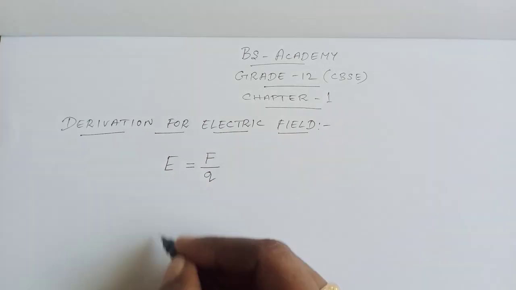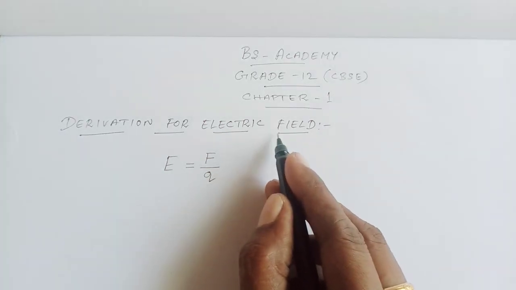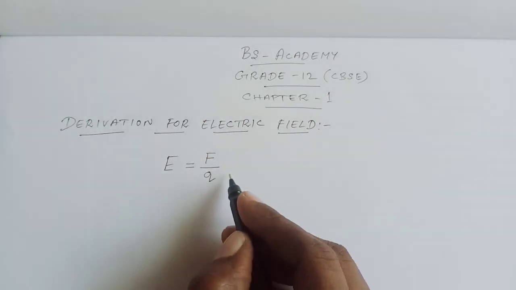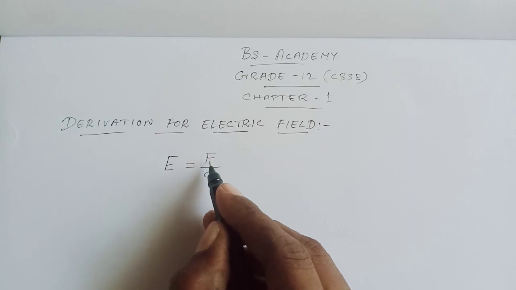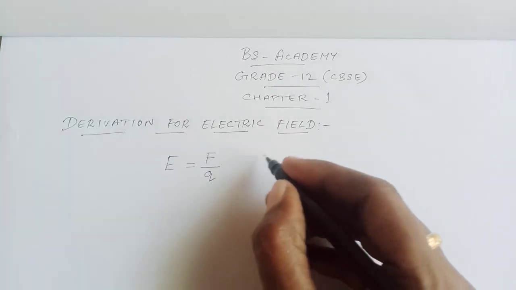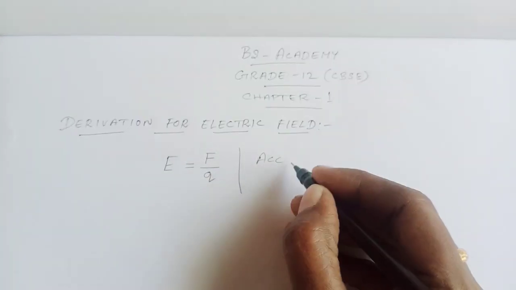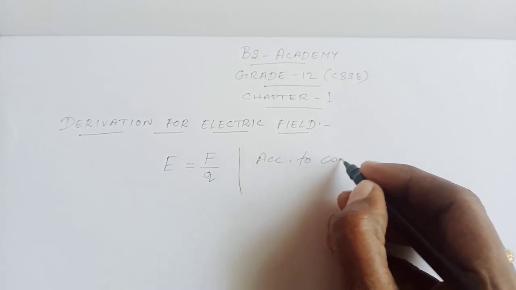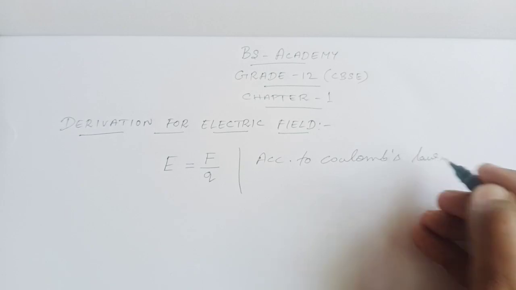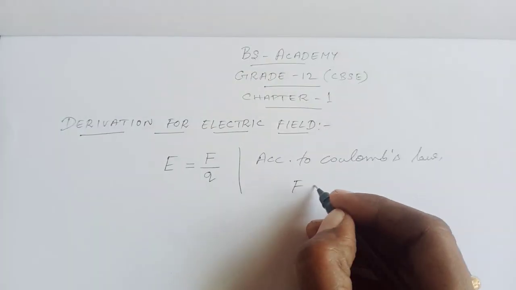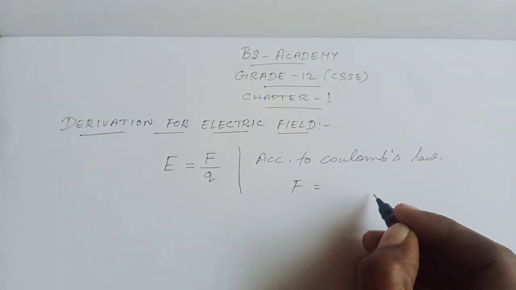Now we are going to derive the equation for this electric field. For this, let us recall the force that we have already derived under Coulomb's law. According to Coulomb's law, what is the equation for the force of attraction or repulsion?